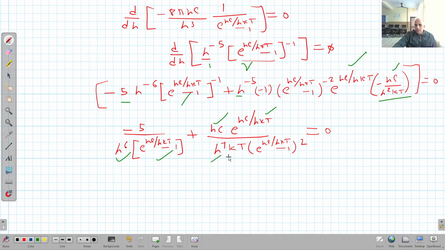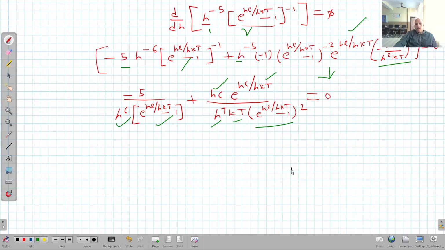Clear? Then kT multiplied by kT into e raised to power hc upon lambda kT minus 1 whole power minus 2, so denominator 2. So this is the now simplified equation, clear? Now I am further simplifying this equation.